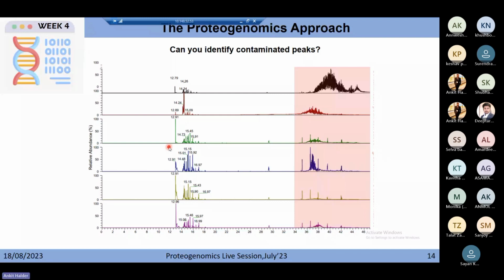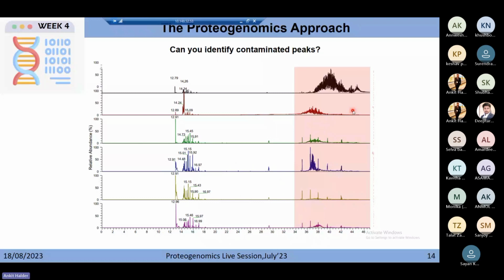So for example, if you look at these different chromatograms, can you identify which chromatograms are contaminated or not? You should do it. Now we have said that the elution and the end of the elution is quite important for us to understand how the particular run has happened or what the particular chromatogram looks like.